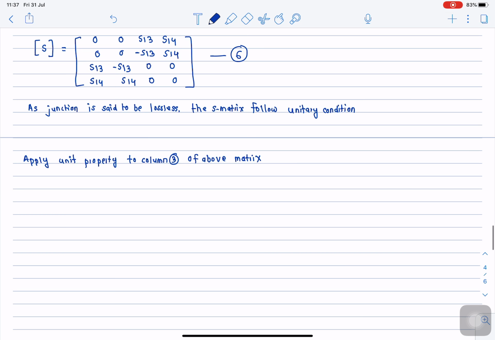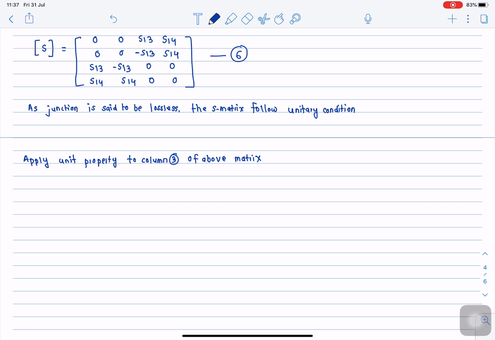So what is the unit property? The product of the term with itself, and when you go on taking the summation along the same column, it has to be equated to 1. If we apply the unit property to column number 3, column number 3 is over here, right?